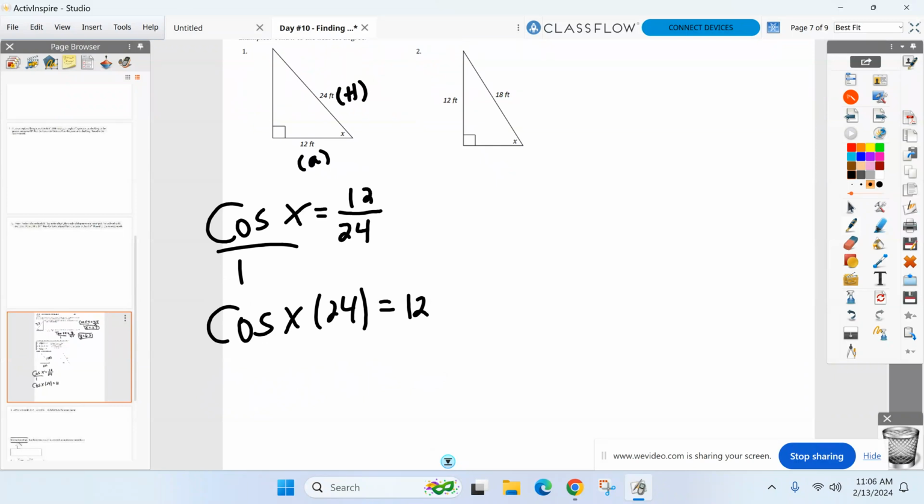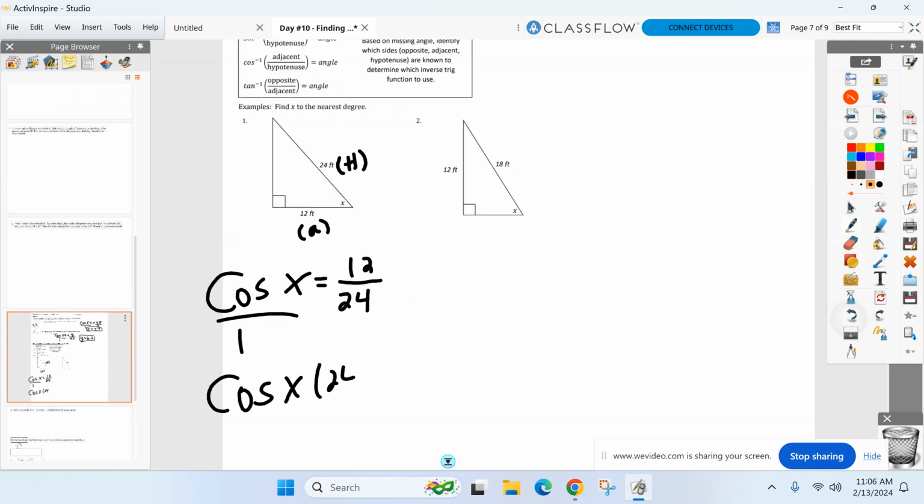So we're stuck. Here's what we're going to do today. We are not cross multiplying when we are asked to find an angle. What we're going to have to do is find an angle that has a cosine ratio of 12 over 24. What angle has a cosine ratio of 12 over 24? I'm not expecting you to know that at all, but you know who does?